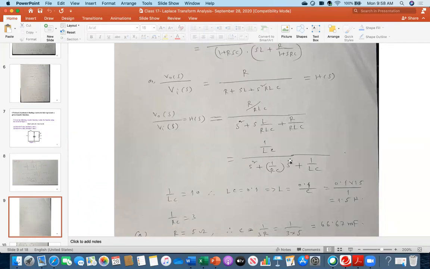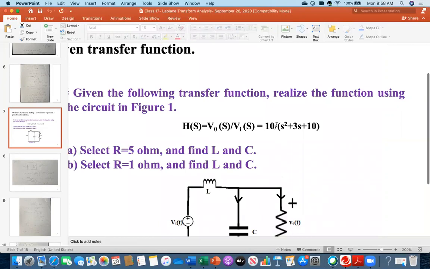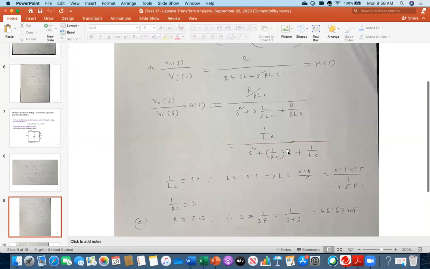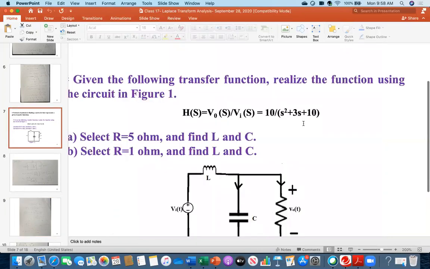Once you do that, you say it is 1 over LC here, but in the numerator it was 10. So I have 1 over LC, and that is my 10. Then here s is multiplied by 1 over RC, and here it is 3. That is my 3.